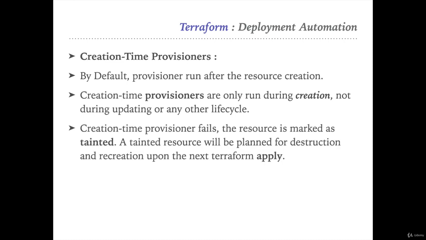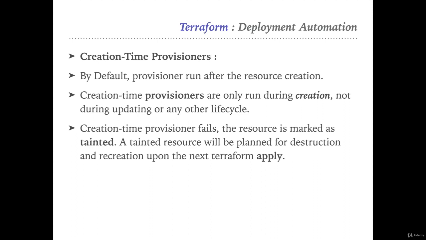Another question is what happens if the creation-time provisioner fails? In Terraform, if the creation-time provisioner fails, then Terraform will mark the resource as tainted. Why does it not mark the resource as successful? A tainted resource will be planned to be destroyed and recreated upon the next terraform apply.